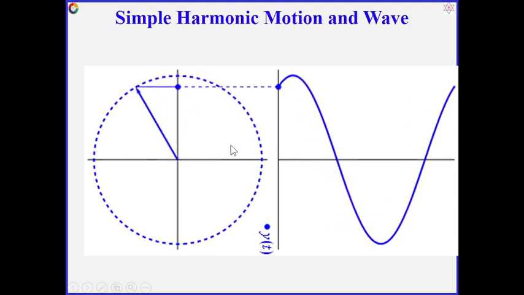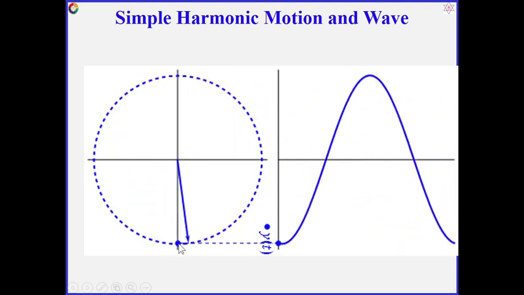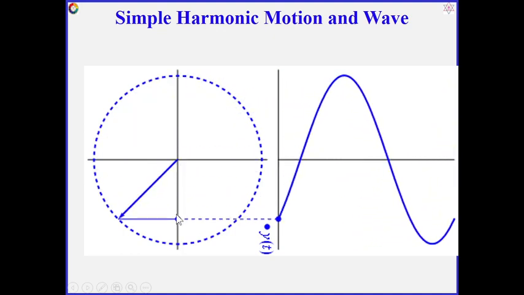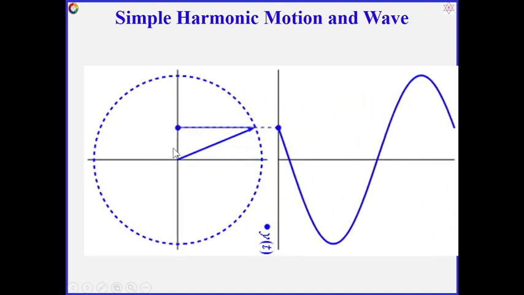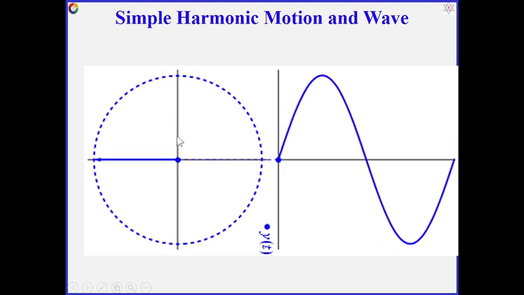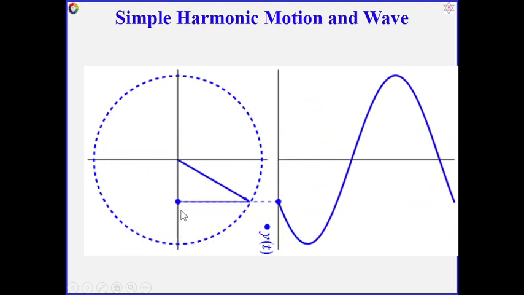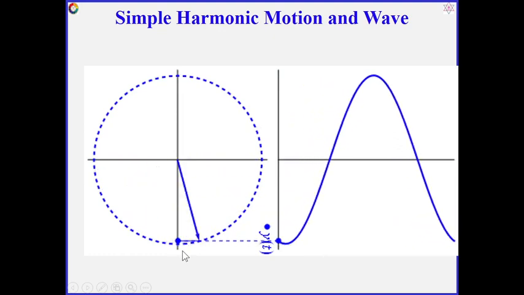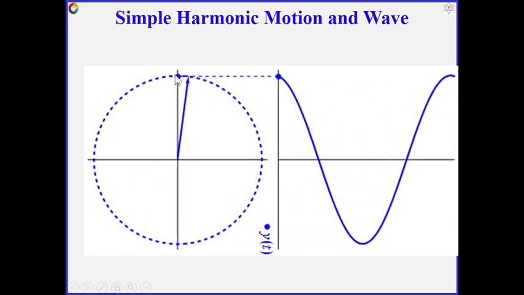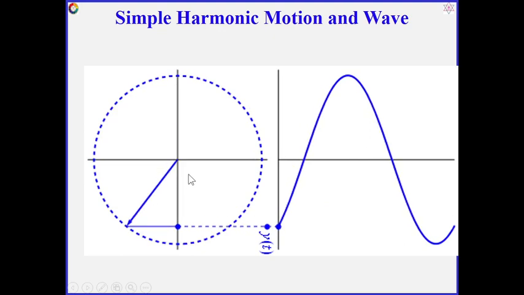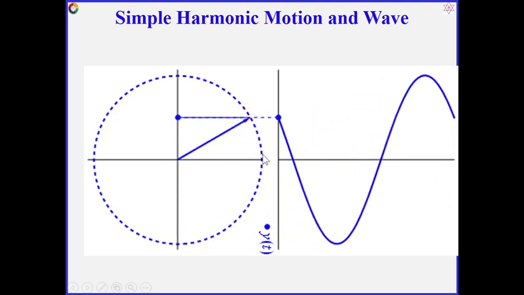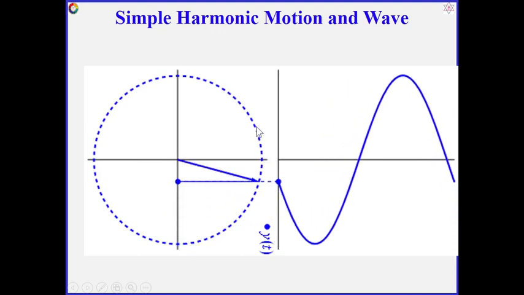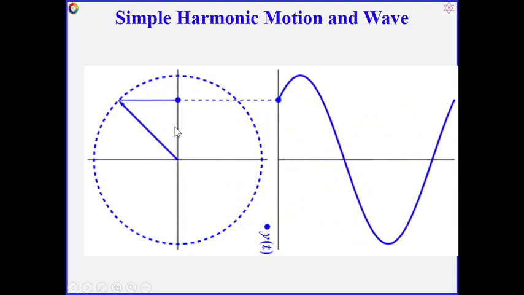and with each angle we have the displacement along the axis of this projection, or you can say of this particle. So this particle has its particular position along the y-axis for each and every angle. See, if the pointer moves from here to here, the projection is here.